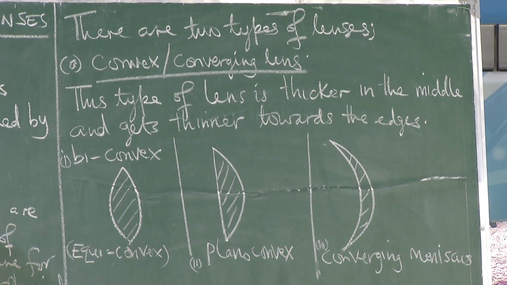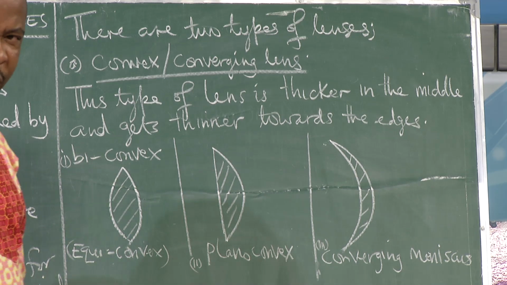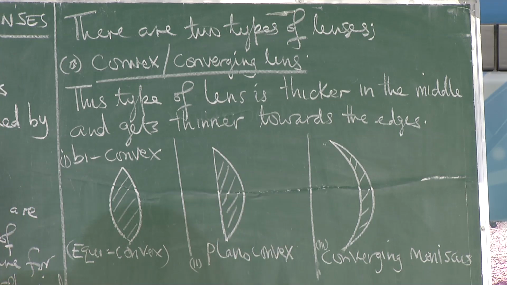We have said that a lens is a piece of material that is made of glass and bounded by two spherical surfaces. And we have said the features of a lens include the centers of curvature and the radii of curvature. Now there are two types of lenses.